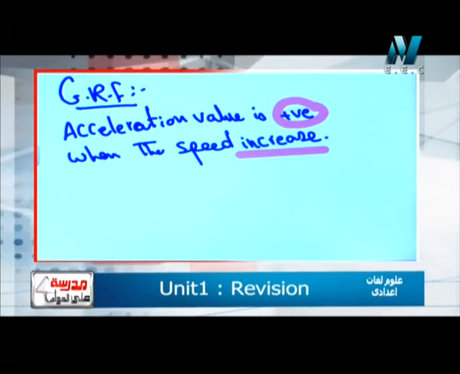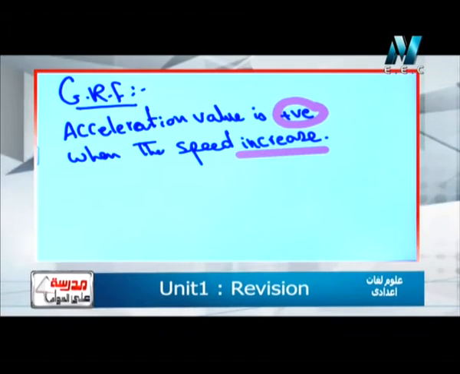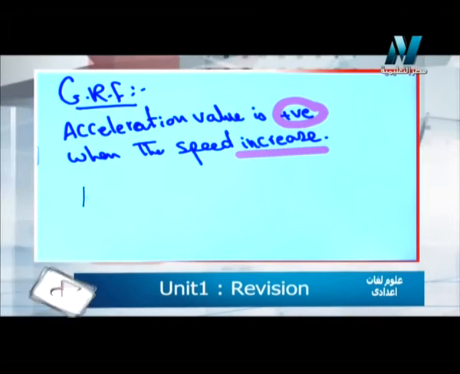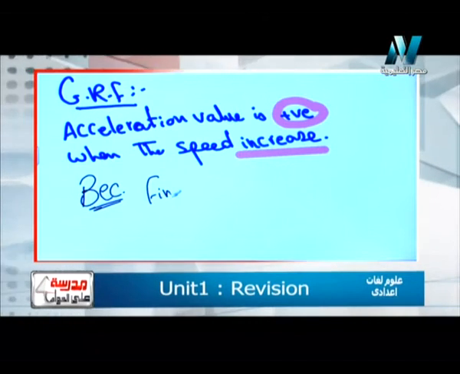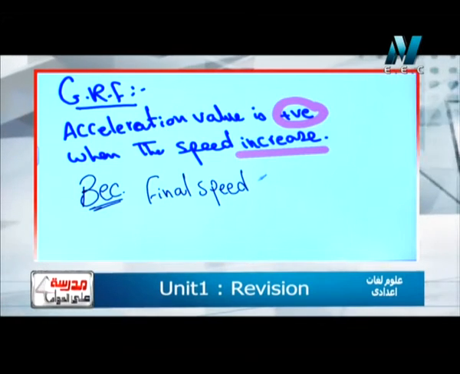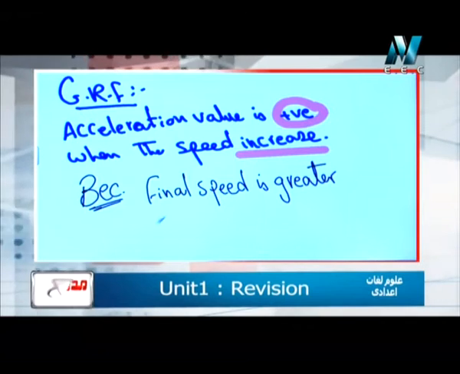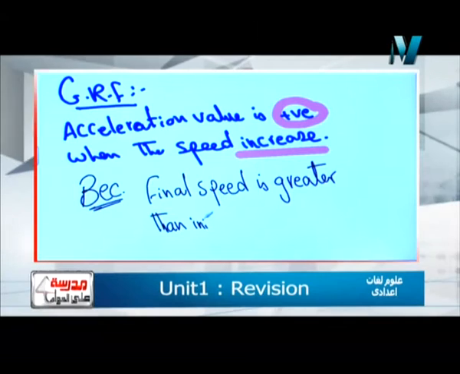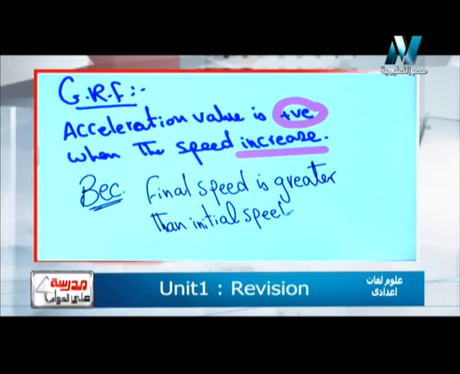We answer according to the final and initial speed. I will not answer according to the definition. I say because final speed is greater than initial speed, so the value is positive.